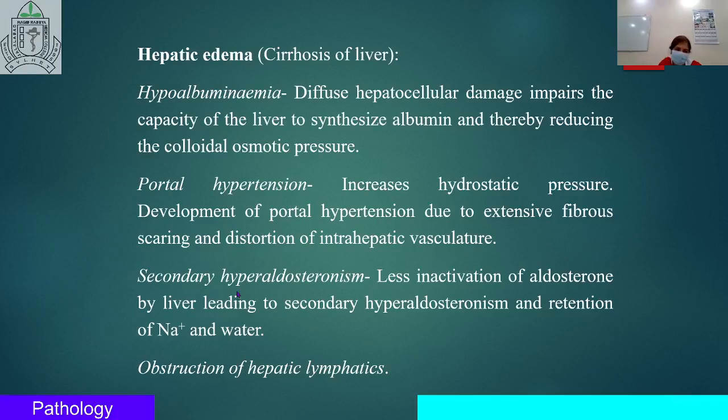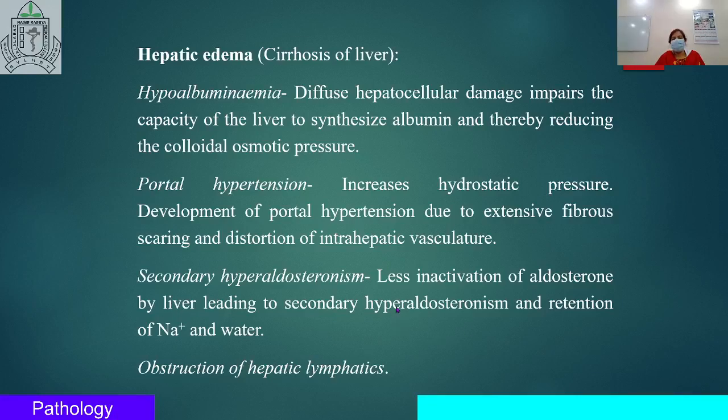Third point is increased renal sodium retention. In case of hepatic edema, it is known as secondary hyperaldosteronism. There is less inactivation of aldosterone by the liver, so there is hyperaldosteronism.